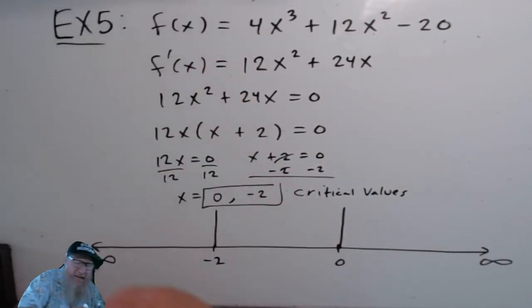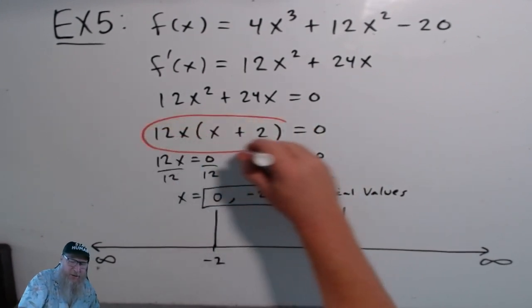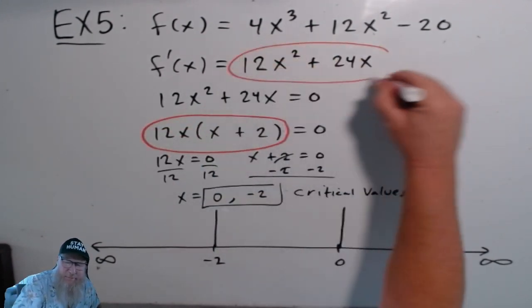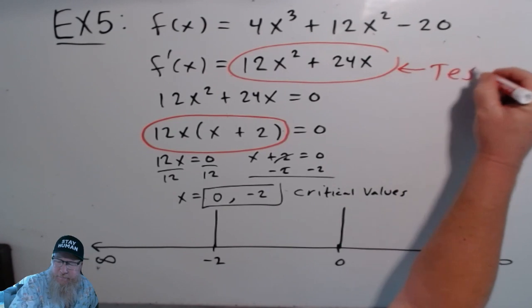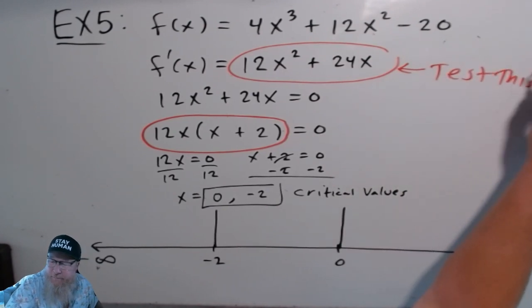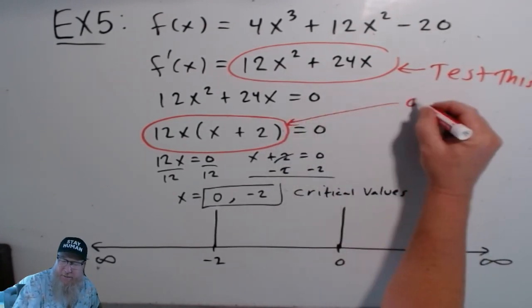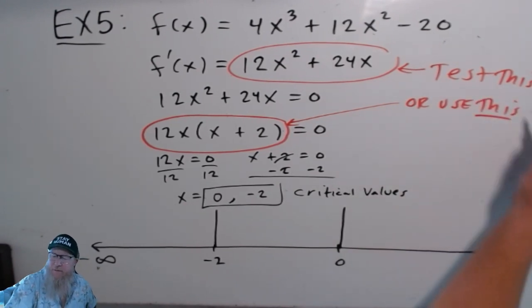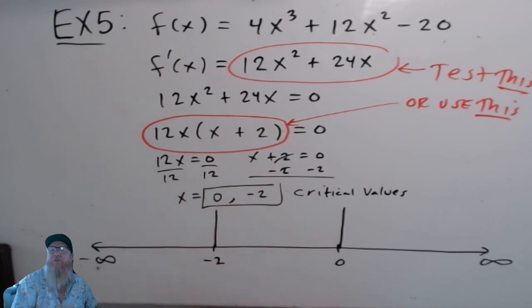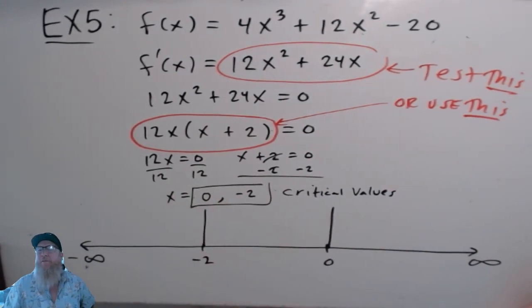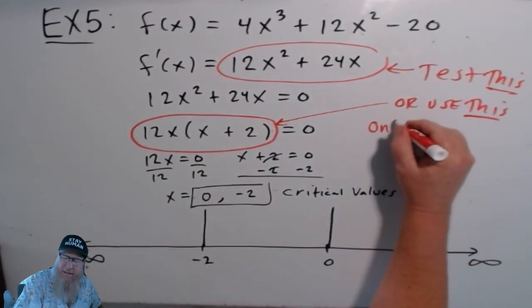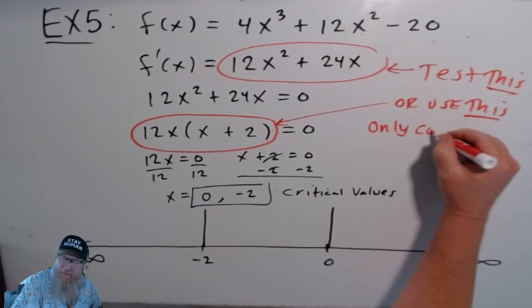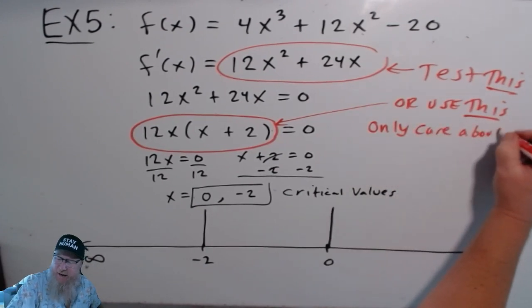Now remember, it's a sign test. So you can use the original function or the factored version. They're both going to give you the same results. You only care about the sign.